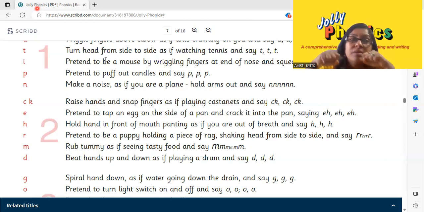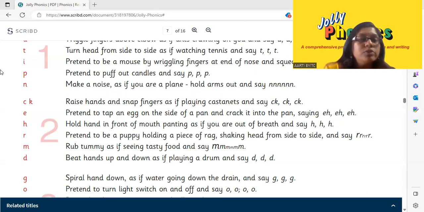When a puppy has something in the mouth, not holding it in the hands, they do like this and they enjoy it, shaking the head from side to side. And what they say is, "Rrr, rrr." That is the sound of letter R. No R sound is there. It's rrr, rrr. This is the sound of letter R, right?